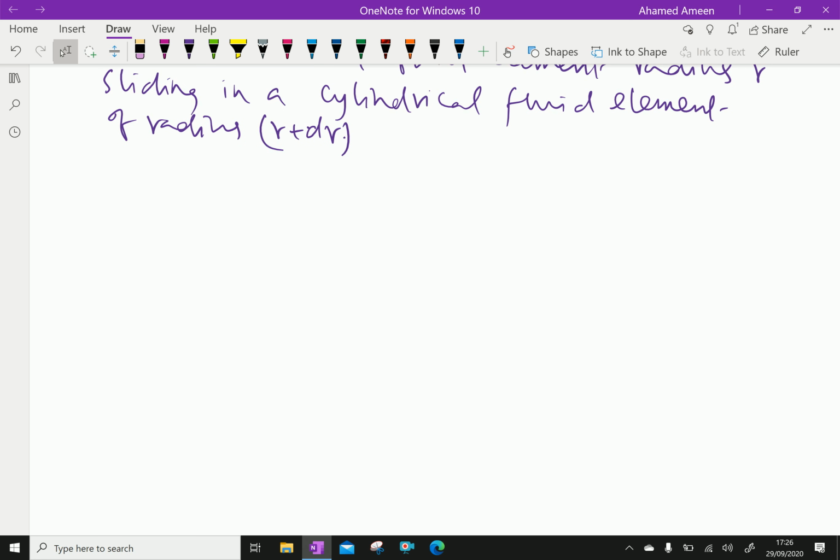Now the length of the fluid element is equal to delta x.